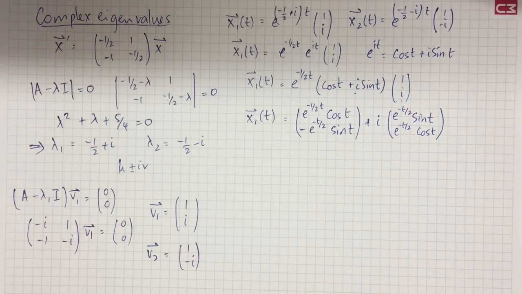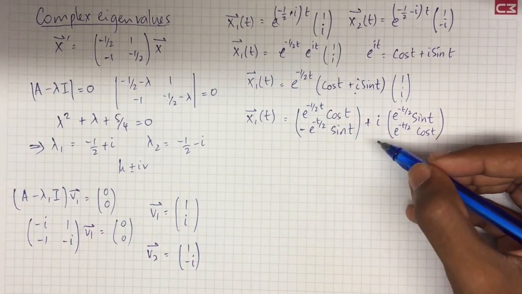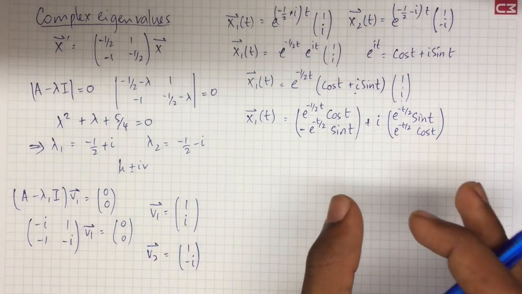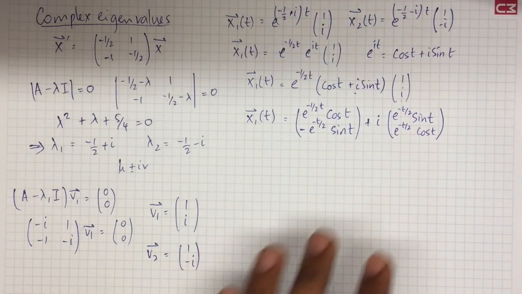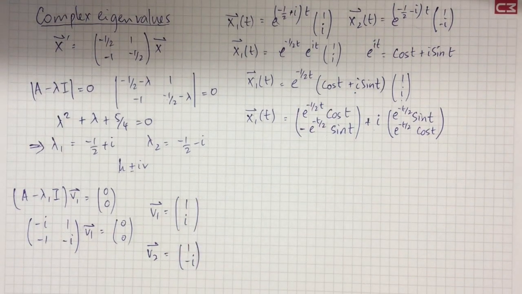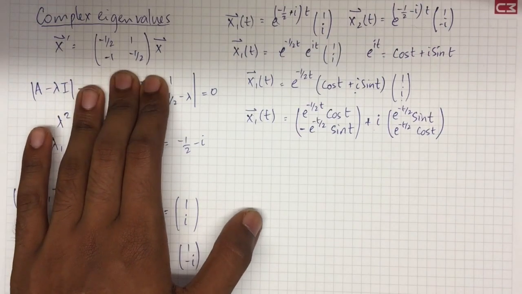Since i squared is equal to -1, which is a constant, i should also be a constant for us. Using that concept, we're just going to say that this is still a linear combination of 2 vectors, and this one would satisfy the differential equation that is stated there.